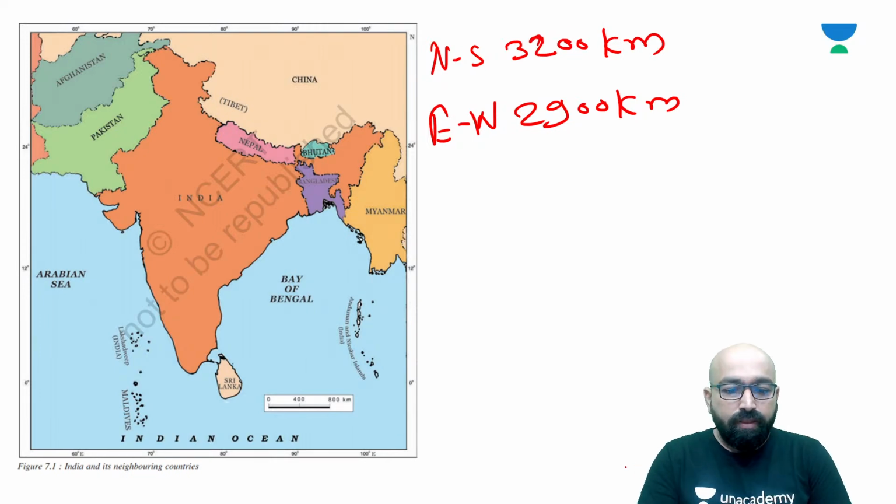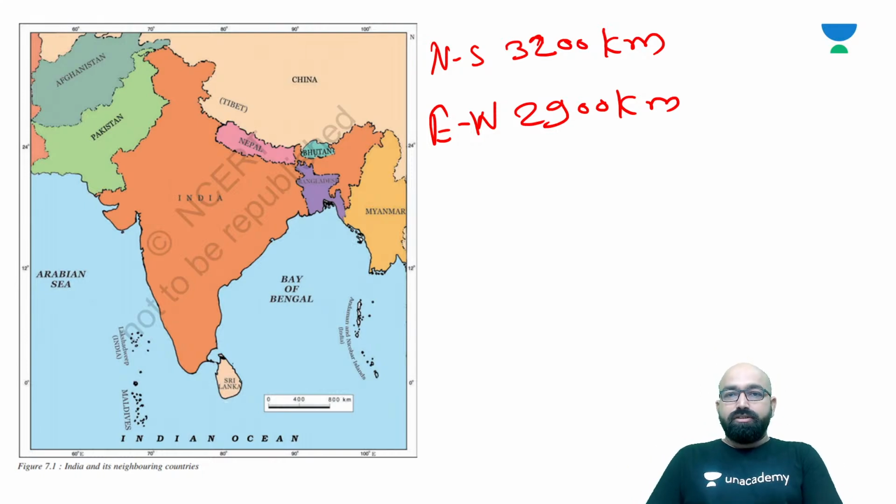Now, the lofty mountains, the great Indian desert, the northern plain and uneven plateau surfaces, and the coast and islands present a diversity of landforms. So there is a great variety in the climate, vegetation, wildlife, as well as the language and culture also.